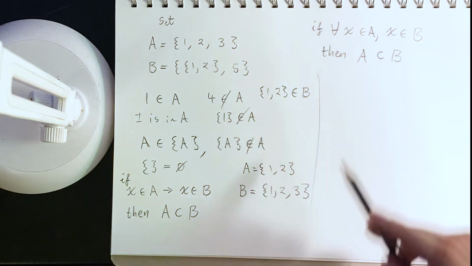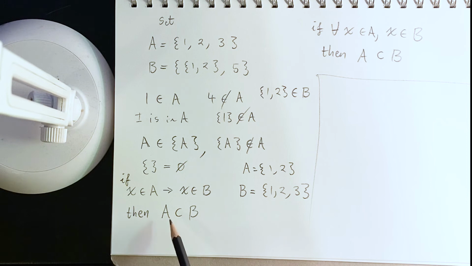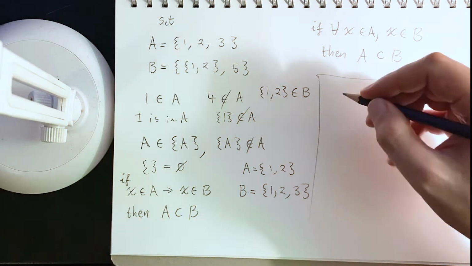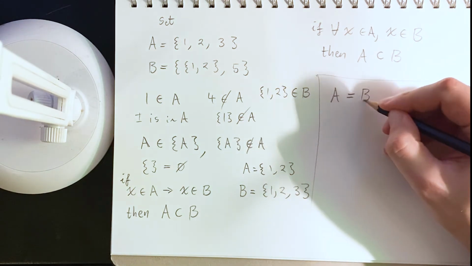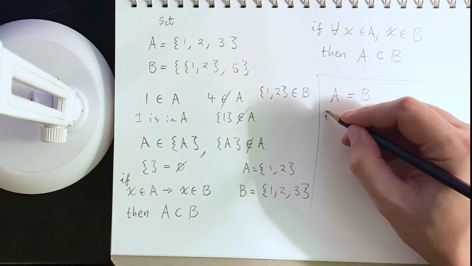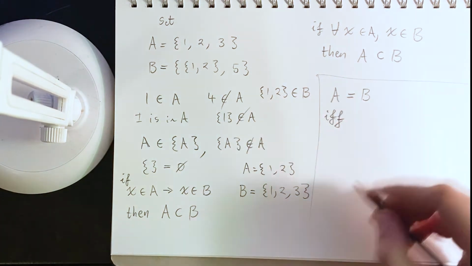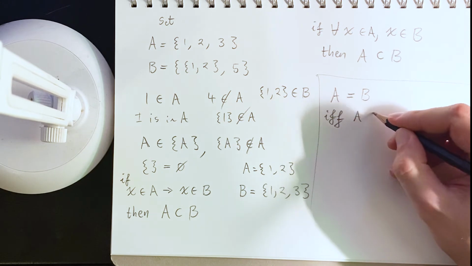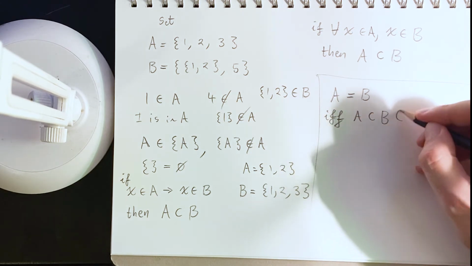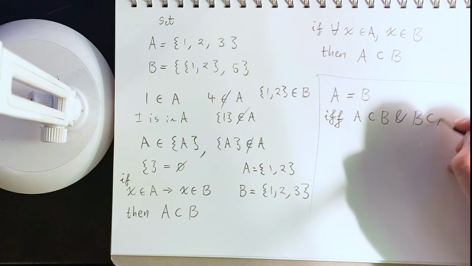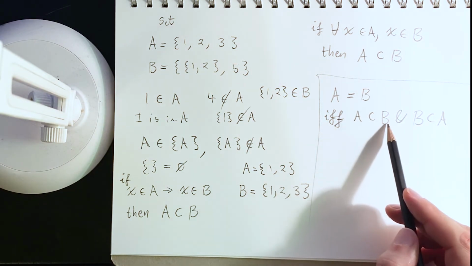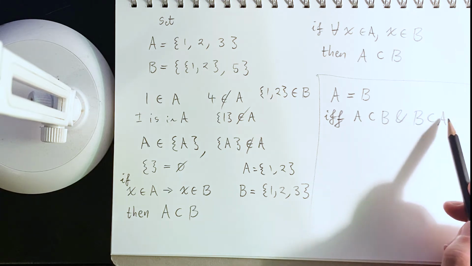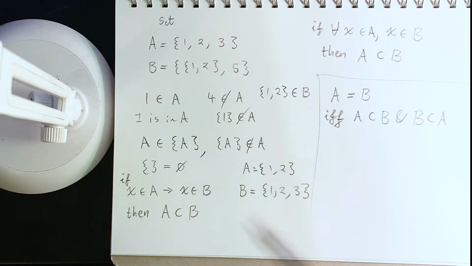Okay, now I said that the opposite need not hold. However, if the opposite holds, then the sets are equal. So we say the set A is equal to the set B if and only if A is a subset of B and B is a subset of A. Okay, so everything that's in A is in B, and if I can show that everything in B is also in A, then those sets are equal.